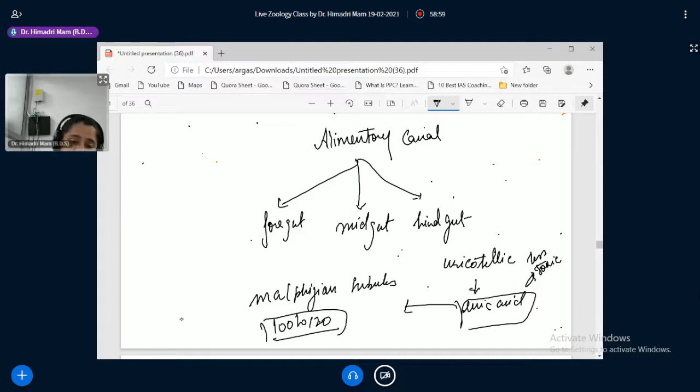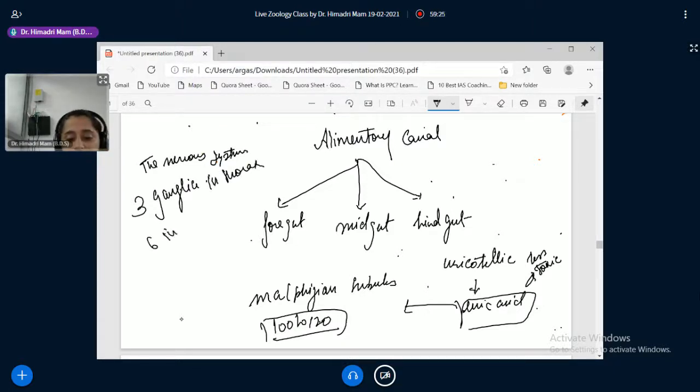Now the nervous system is divided. That means 3 ganglia in thorax, 6 in abdomen. Basically, cockroaches are dioecious.